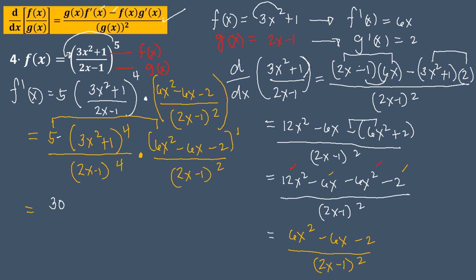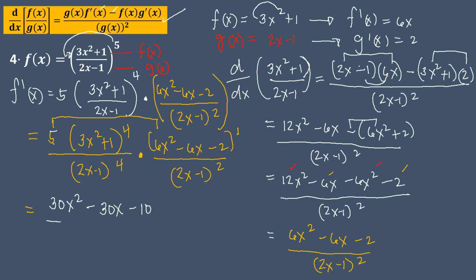That will become 30x^2. 5 times negative 6x will become negative 30x. And then 5 times negative 2 will be negative 10.